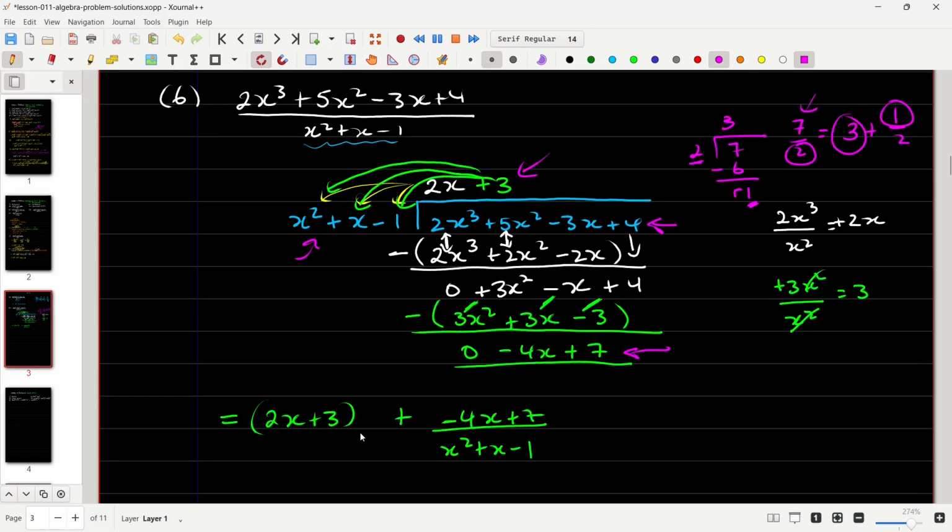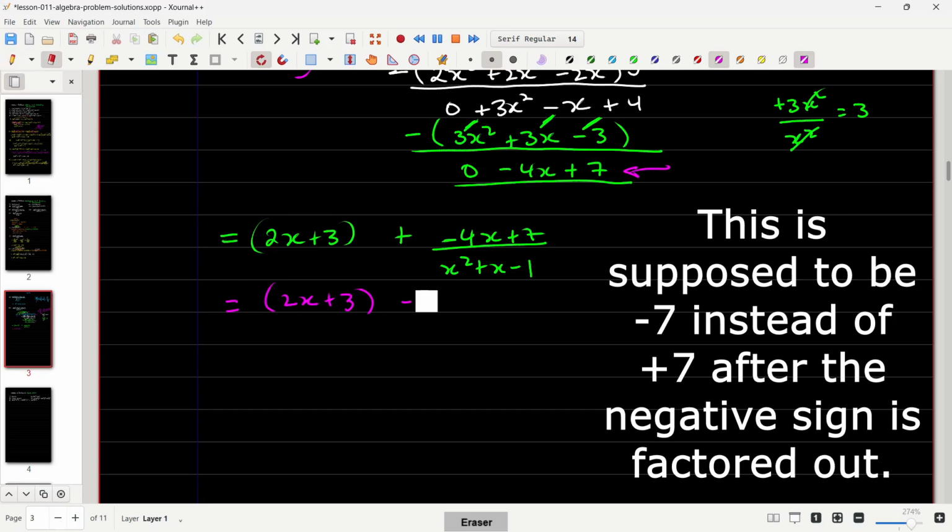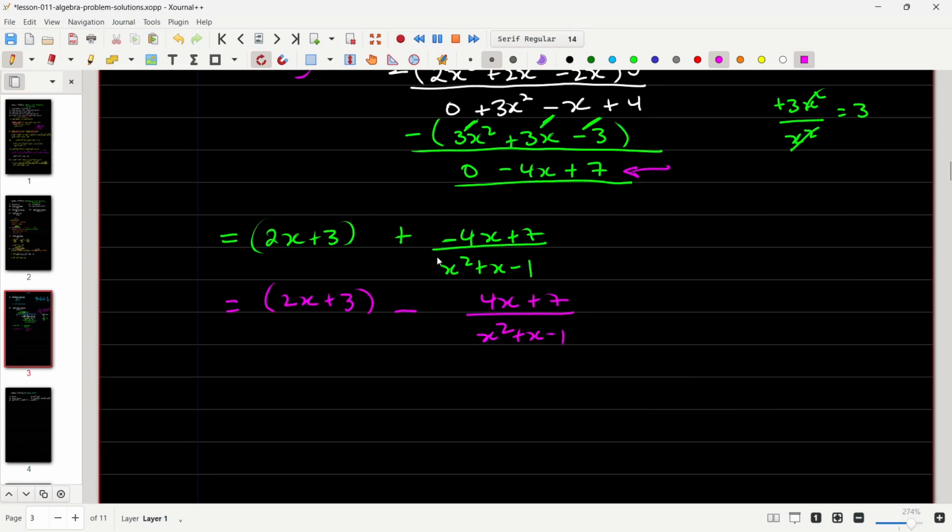I did the division, I got this plus a little bit on the end. Now you can just get your negative in front there, so you put a minus sign here and 4x plus 7 all over x squared plus x minus 1. All right, so that's that solution there.